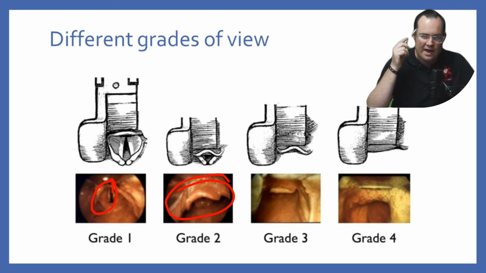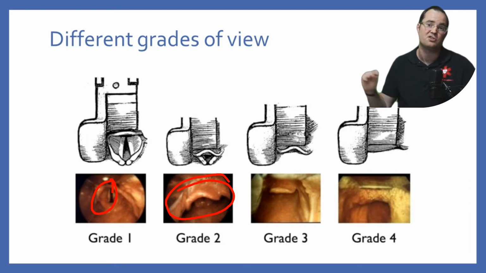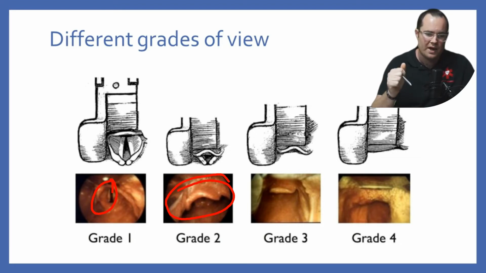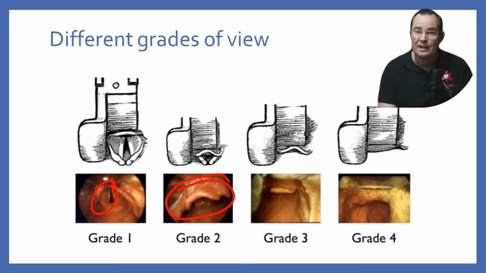And if you know that, when you intubate somebody, take your time. I know you got 30 seconds and it seems like that's going to go by super fast. When you enter with the blade, the first thing I always want you to think about is, where is the epiglottis? Fish your way down into the epiglottis. Look at that grade 2 view. If I saw that, I know that all I need to do is place that Mac blade just above that epiglottis. And let's say that Mac blade can't go any further.